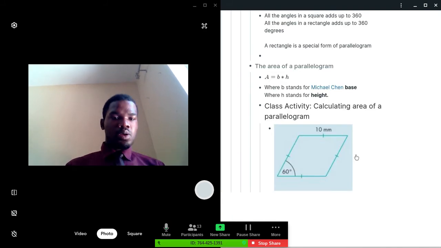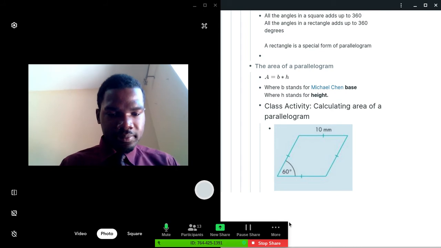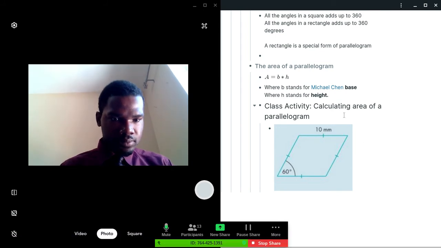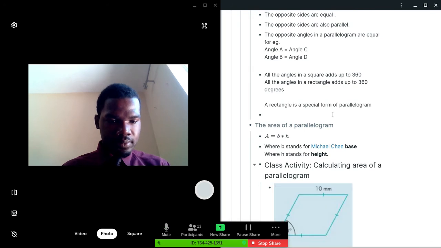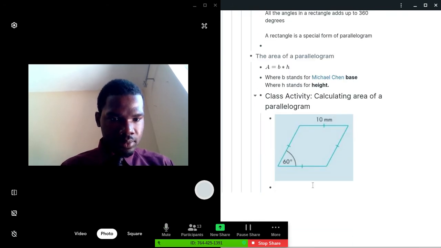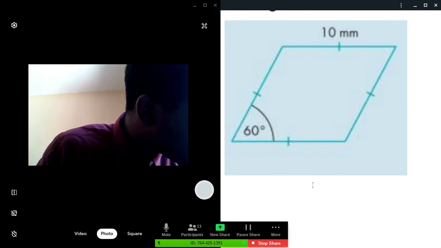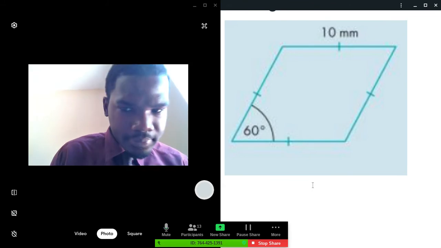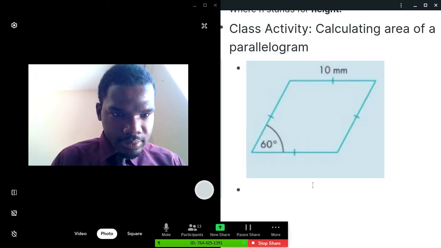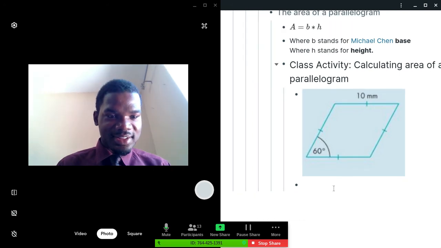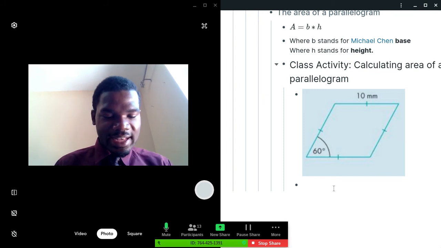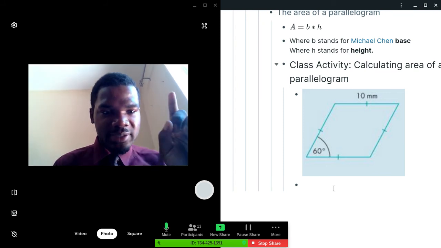Now, do we have any sides given? Did they give us any side in this parallelogram? They gave the measurement for two sides. Excellent, Isabella. Tell me why they gave us the measurement for two sides.